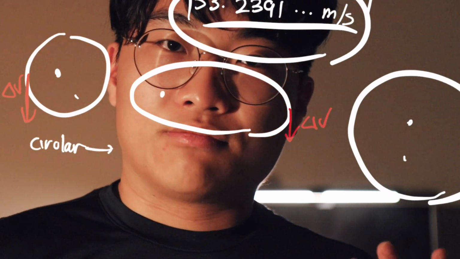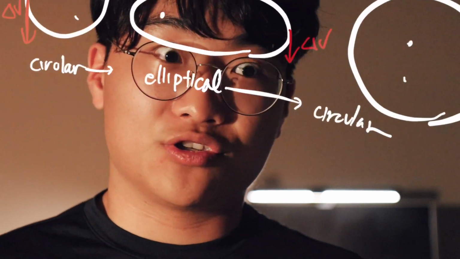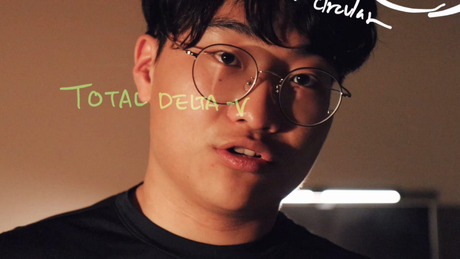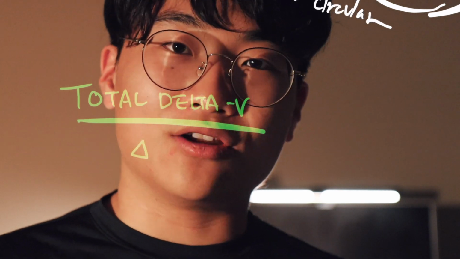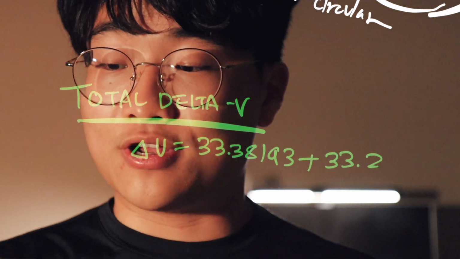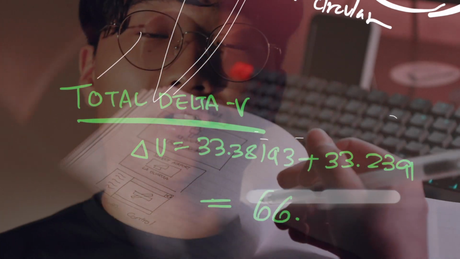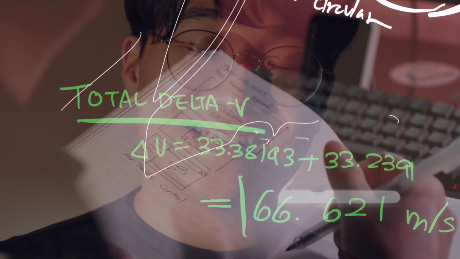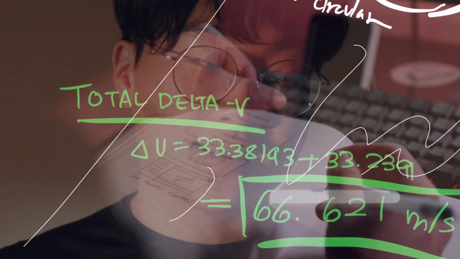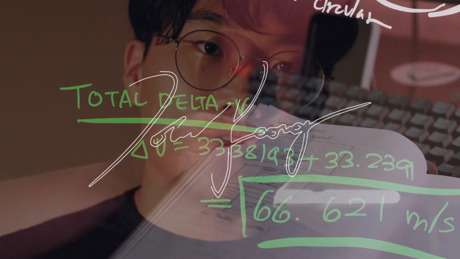So if you were to talk about the total delta V needed to go from a 100 kilometer circular orbit to an around 200 kilometer circular orbit, we need a total delta V of 33.38193 plus 33.239 equals 66.621 meters per second. If you check the official NASA data, it seems that the numbers are looking good.